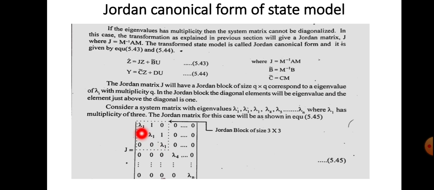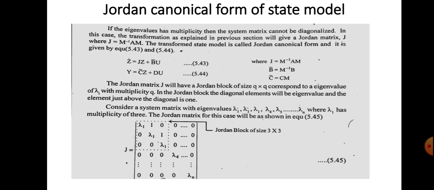Here we are using lambda 1, lambda 1, lambda 1, that means q is equal to 3. So this represents the Jordan block of size 3 by 3, and all other entries are distinct eigenvalues such as lambda 4, lambda 5, lambda n. Okay, so now we have a system matrix with eigenvalues lambda 1, lambda 2, up to lambda n, and lambda 1 has a multiplicity of 3. Then the Jordan block for this case is given here.